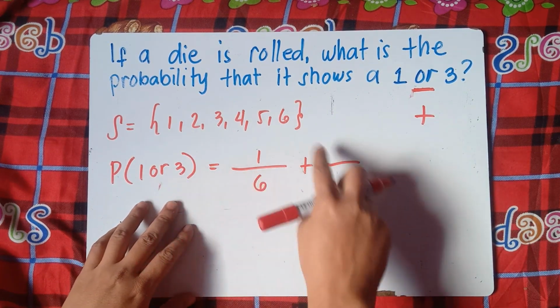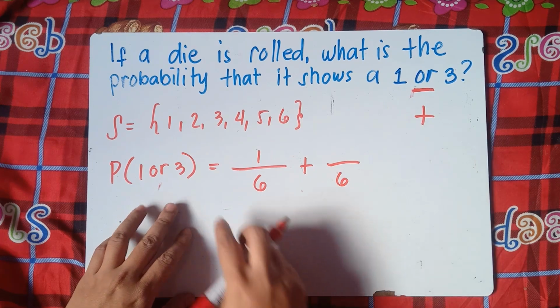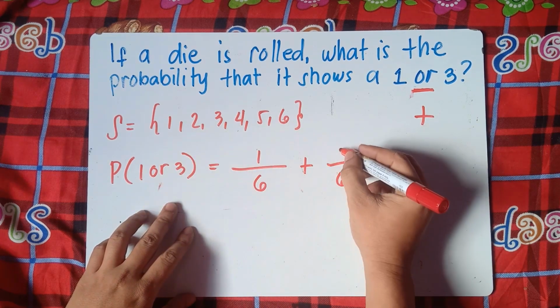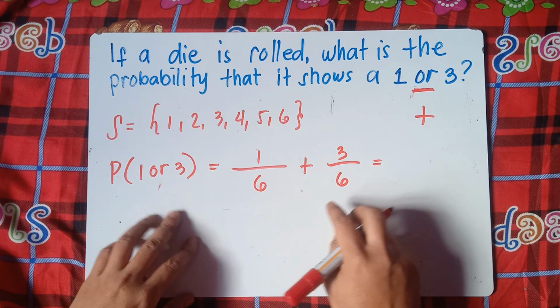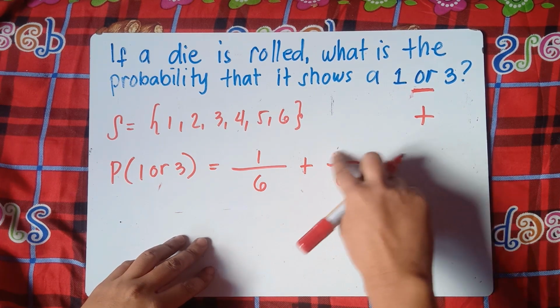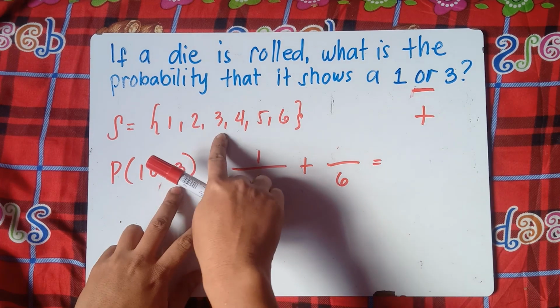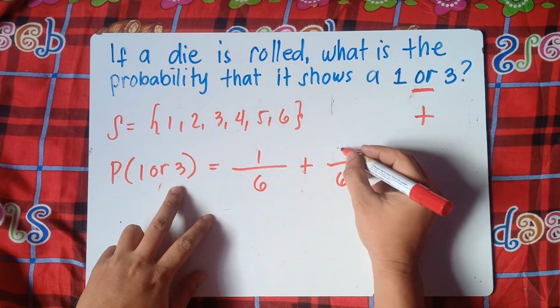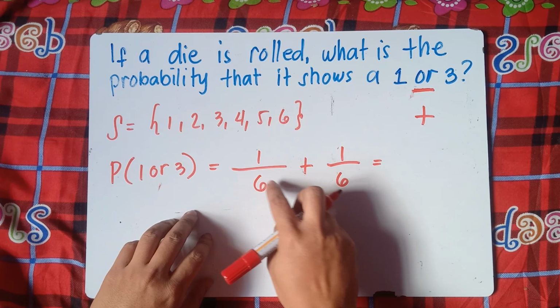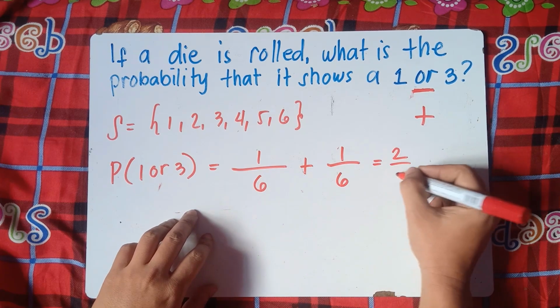Of course, there's 6 possible outcomes, and in getting 3, there's only 1 three out of the 6. So we have 1 over 6 plus 1 over 6, that's 2 over 6.